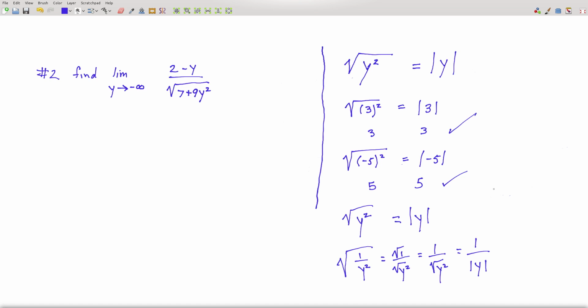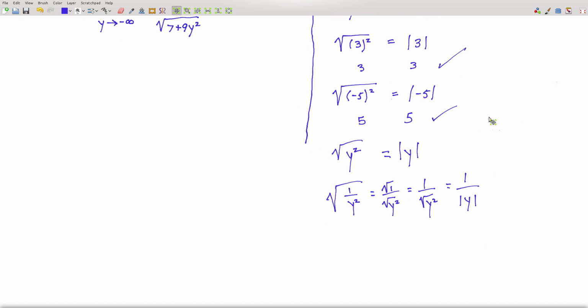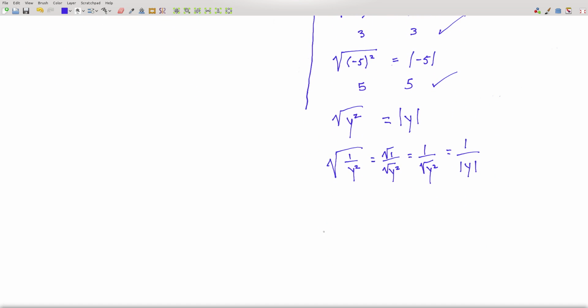A couple more things to keep track of here. Let's talk about what the absolute value means when the y's are positive and when the y's are negative. I'm going to scroll up here a little bit. Let's concentrate on the meaning of this 1 over the absolute value of y.